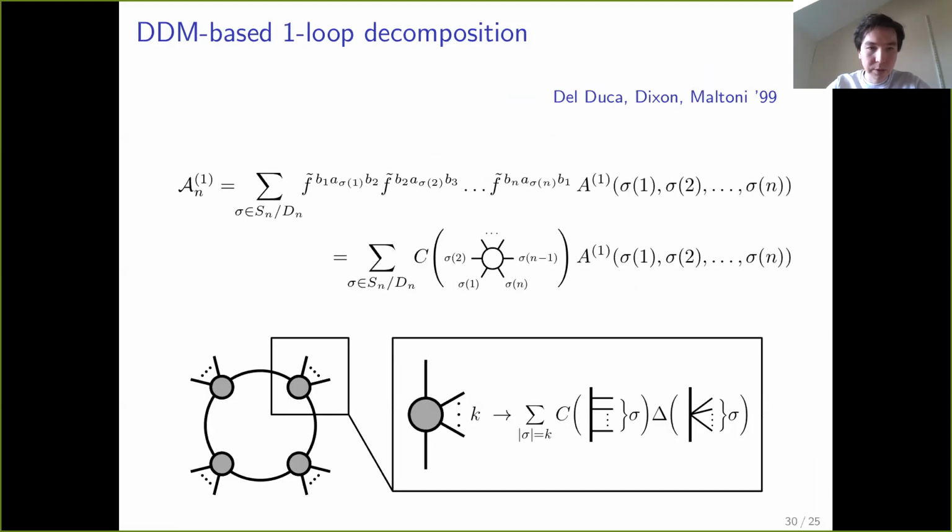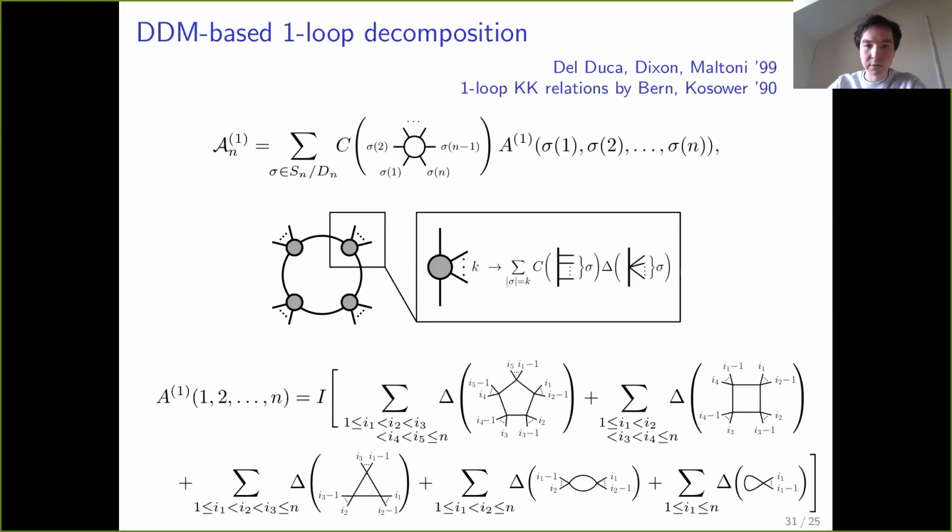For example, in the pure glue case, the DDM paper already has a one-loop decomposition where they glue the tree-level DDM over the loop. And we can really land on this decomposition through this approach.